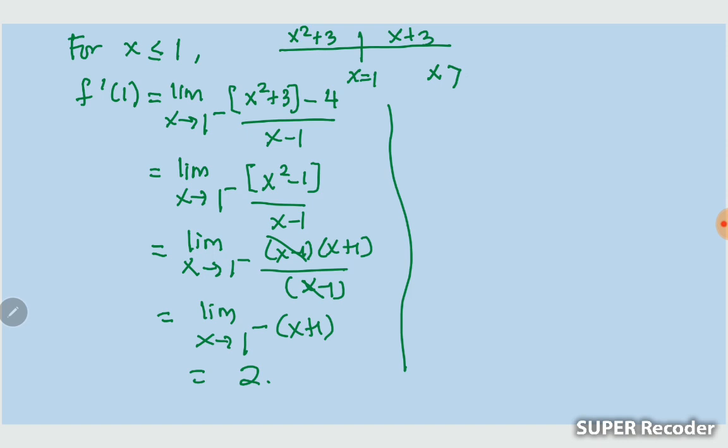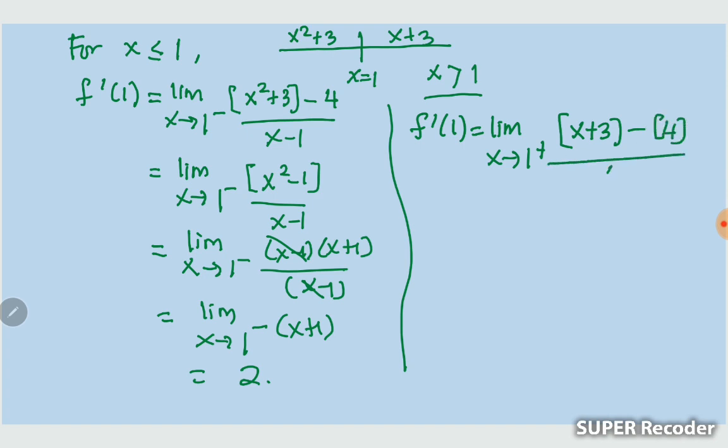Okay, so now for x more than 1. For x more than 1, f prime 1 is equal to the limit when x approaches 1 from the right, and the function is x plus 3 minus 1 plus 3, that is 4, over x minus 1.